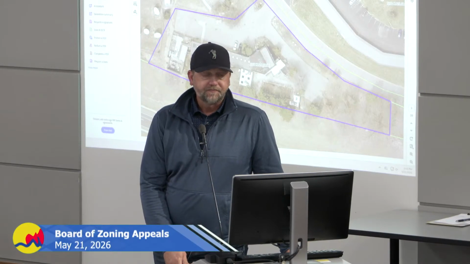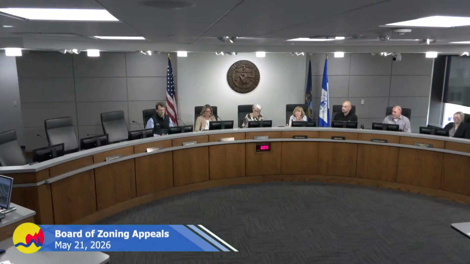Got it. And as I said earlier, there's an apartment complex across from you that's in the same situation where the parking is in front of the building. Yes. Which is one of our conditions that we're looking at today. Okay. All right. Great. Thank you.